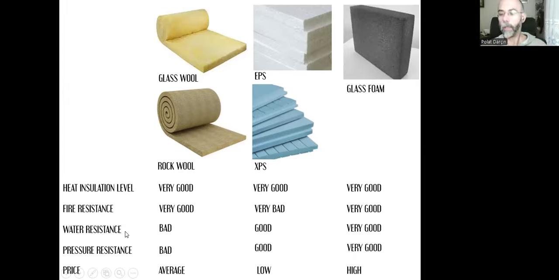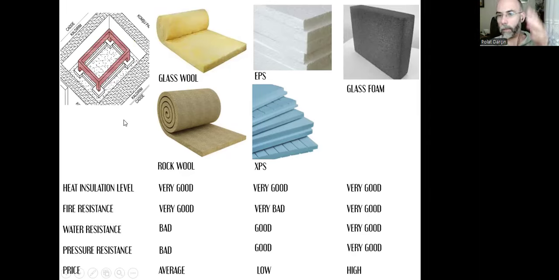Let's think. We are going to use that heat insulation material to cover our foundation columns and grade beams. And once the construction is completed, we are going to put all the earth back. They will be buried inside damp earth. That means that there will be water all around these heat insulation materials.